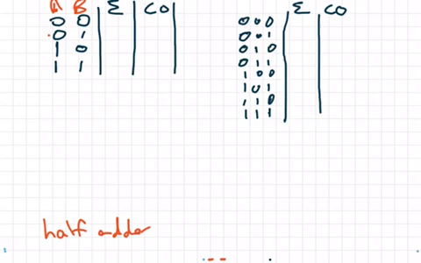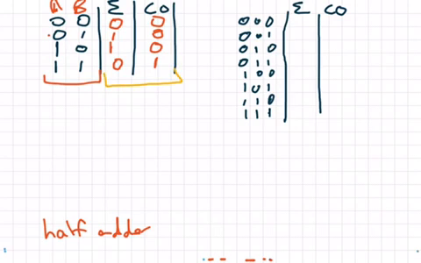So 0 plus 0 is 0 with a carry out of 0. 0 plus 1 is a 1 with a carry out of 0, and 1 plus 0 is a 1 with a carry out of 0. And 1 plus 1 is 0 with a carry out of 1. Hopefully you remember these are our inputs right here, and these are our outputs right here.